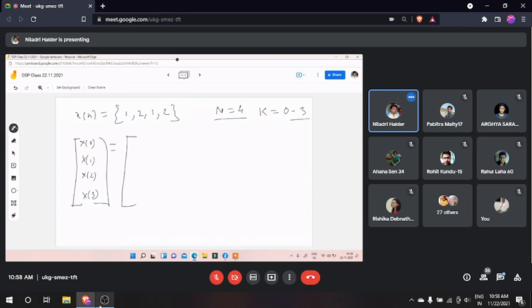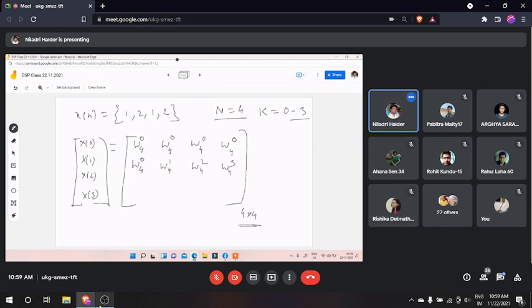So the matrix will also be for 4 samples. So for k equal to 0, what is WN0? N value is 4, so W4^0. How many samples will you have? N equal to 4, so 4 samples, means 4 columns. Similarly, k equal to 4, so 4 rows. So the matrix size will be 4 cross 4. For 0, W to the power 0. For 1, W4 to the power 0, W4 to the power 1, W4 to the power 2, W4 to the power 3.